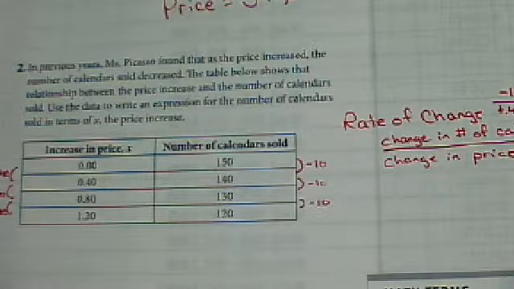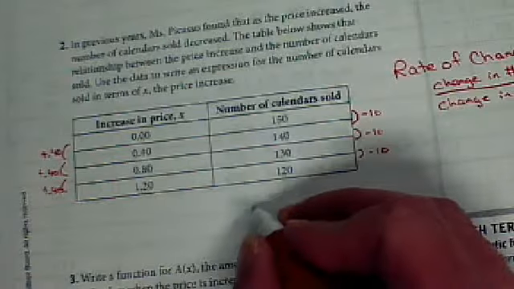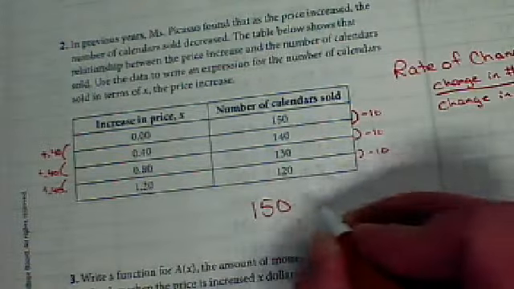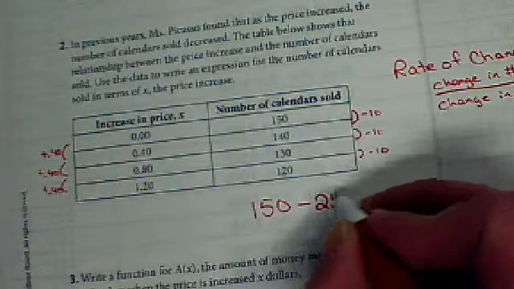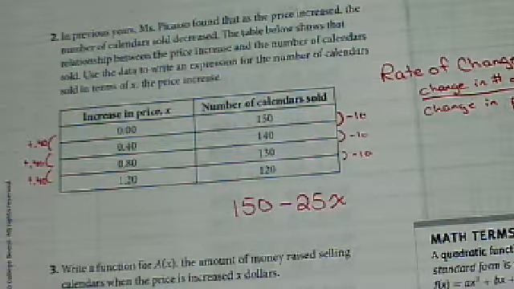If we had actually increased a full dollar, we'd have gone down 25. So we started with 150, and it's changing 25 for every dollar that we increase. Not by every cent, but every dollar that we increase.